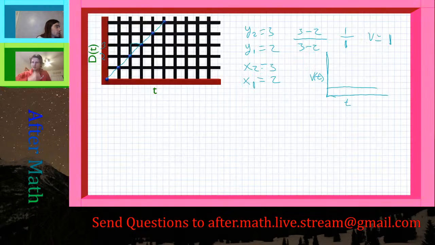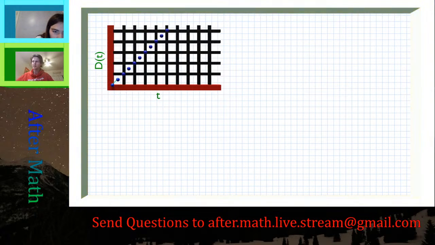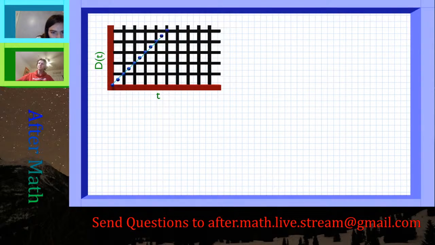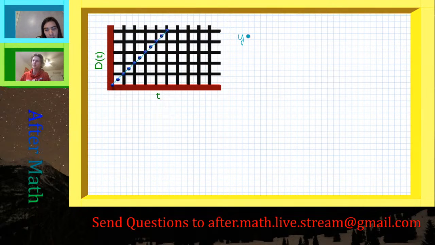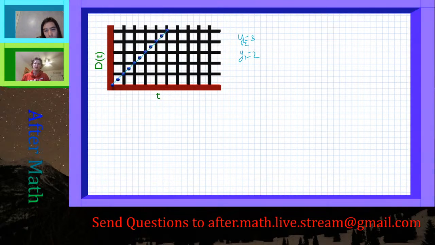So now I'm going to go back to our Jamboard and move to the next scene over. And look, Jaden, we have this same line, right? Yeah, it has a little bit more dots on it now. But we could still choose the same 2 points: y2 equals 3 and y1 equals 2.